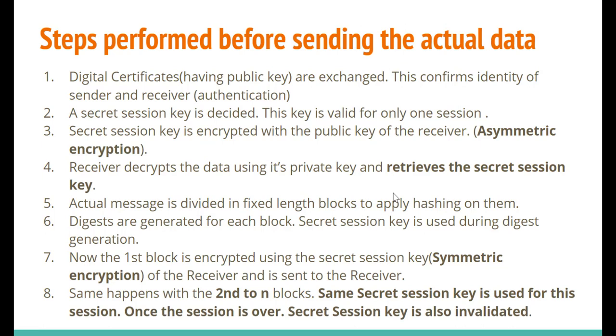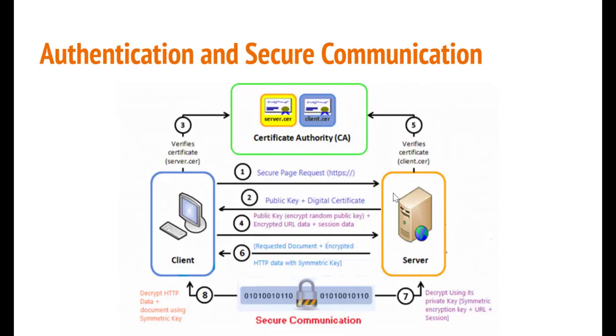After the authentication is successful, a secret session key is decided. That means once the client receives the digital certificate, it verifies the digital certificate of the server. Similarly, once the server receives the digital certificate of the client, it also verifies it, right?